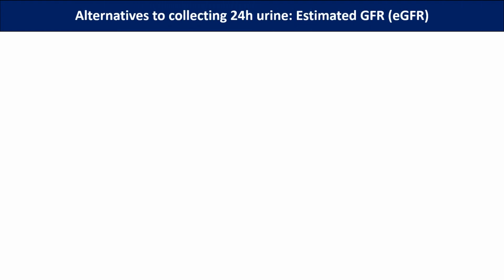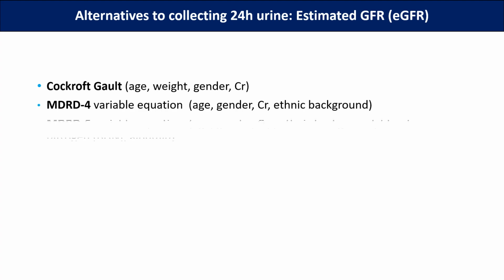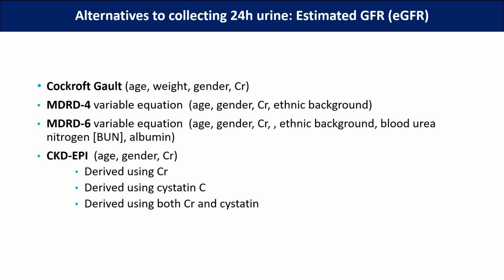Over the years, numerous formulas have been derived to estimate GFR to avoid the cumbersome need for collecting 24-hour urine collections to calculate creatinine clearance or urea clearance. These formulas include the Cockcroft-Gault, MDRD 4 and 6 variable equations, and CKD-EPI. Most equations are based on the measurement of serum creatinine, age, and gender.